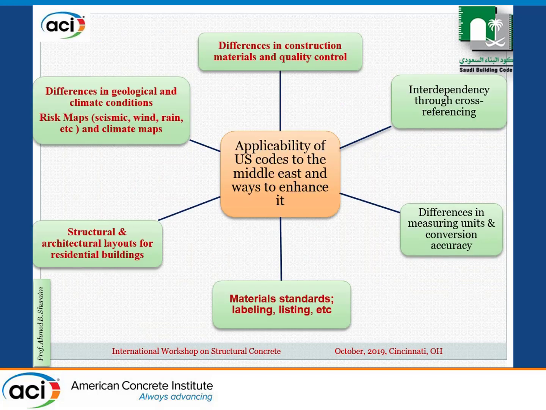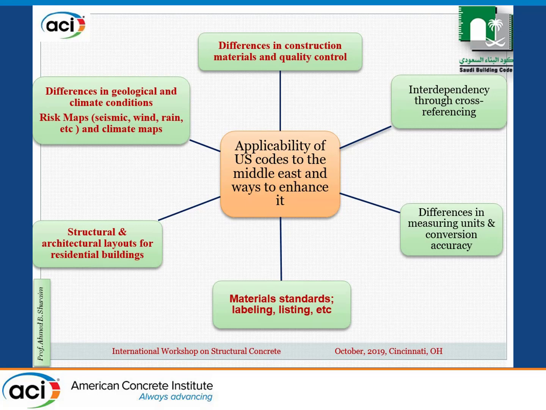Okay, so during the development, this is the third part. I'm trying to show the challenges that we faced while doing the work. I give the title here, Applicability of the U.S. Code to the Middle East and Ways to Enhance it. So what are the challenges? One of them is about the construction materials.